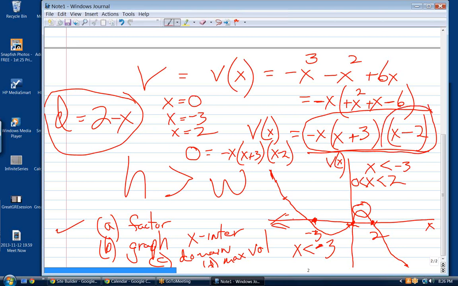So this is the negative depth. That's minus d, merely because they told us that d was equal to 2 minus x. Well, we're looking at an x minus 2, so that must be minus the depth, since x minus 2 is the negative of 2 minus x. We're also told that height is greater than width.